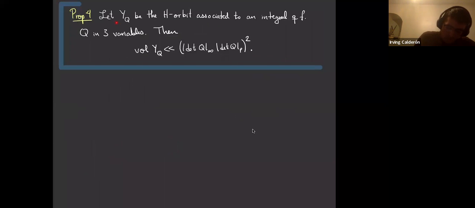If Y_Q is an H orbit in X associated to some integral quadratic form Q in 3 variables, then the volume of Y_Q is controlled by the square of the product of the infinity and p-adic absolute values of the determinant of the quadratic form. If we plug this into the previous proposition, we obtain our theorem AS.